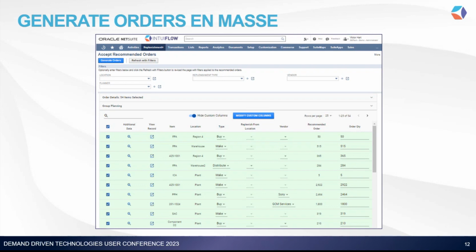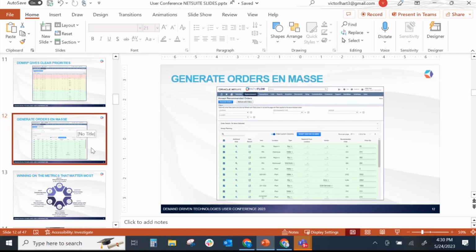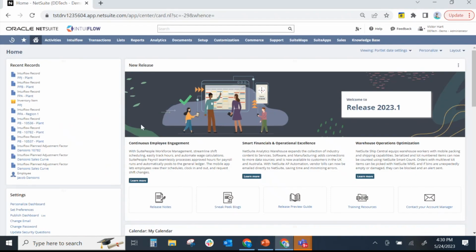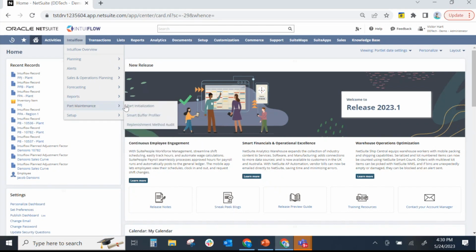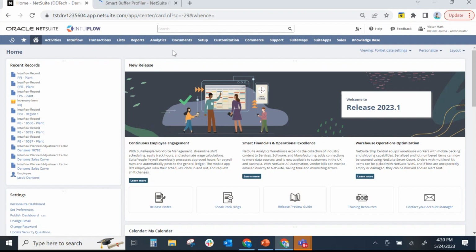Well, the variance has gone down. If you rerun Smart Buffer Profiler, you get a new buffer profile with a lower red zone safety factor applied, and thus a smaller red zone because you have lower variance. You don't need as much protection in your red zone because this thing is turning into a steady runner. Right, so that's part of what I was struggling to understand.